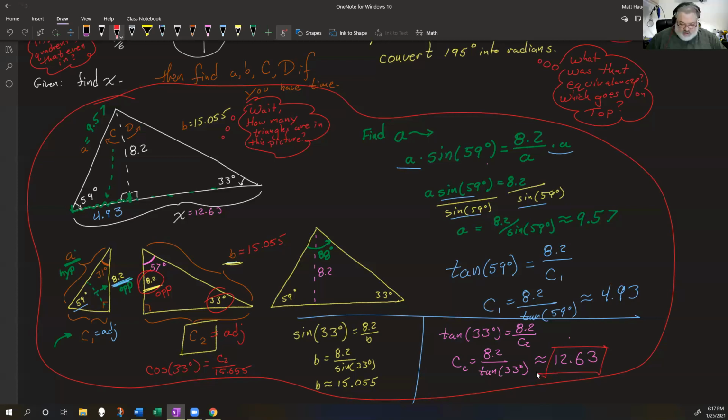Also, no one has suggested, but as soon as we know that 15 and the 8.2, what else could we use to find C2? Sine. I heard it really quietly in the background. Pythagorean theorem.